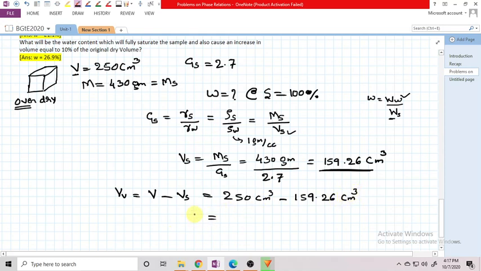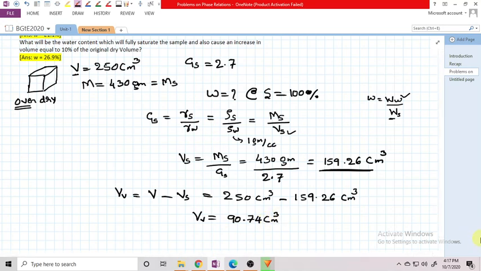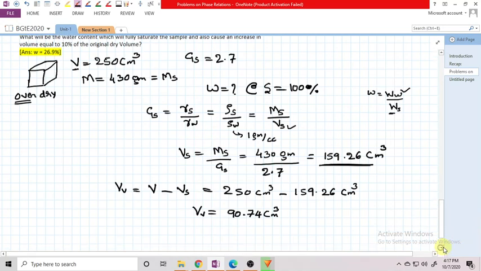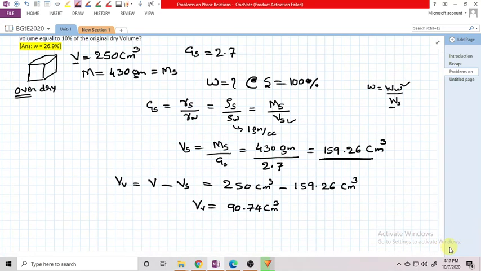So the volume of voids you will get around 90.74 cm cube. Now I know the volume of voids.